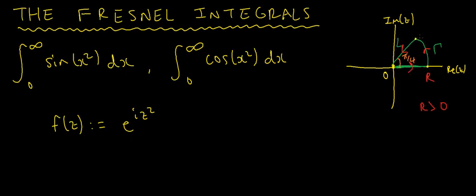Now, because this line from this point here to this point here is going back, in other words, in the opposite direction from the line from 0 to r, then the integral is going to have a negative sign. So let me just draw this.